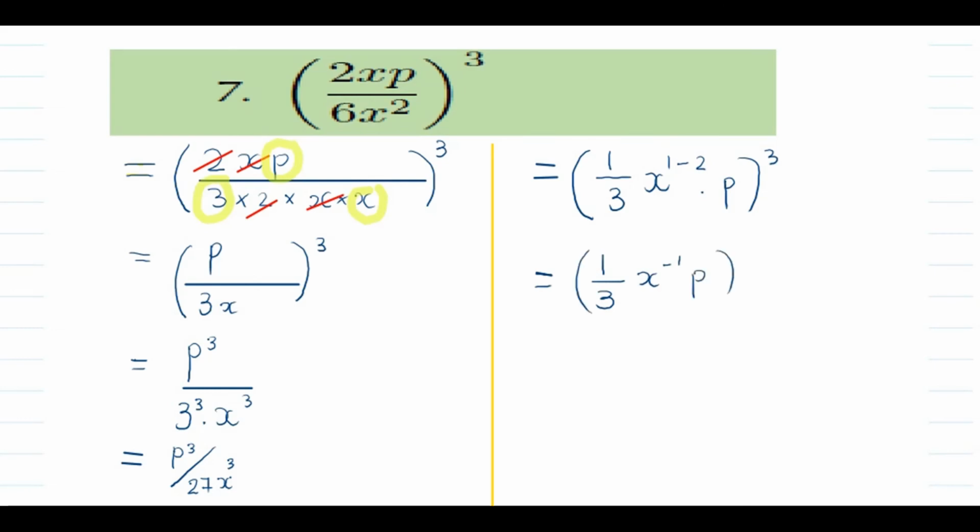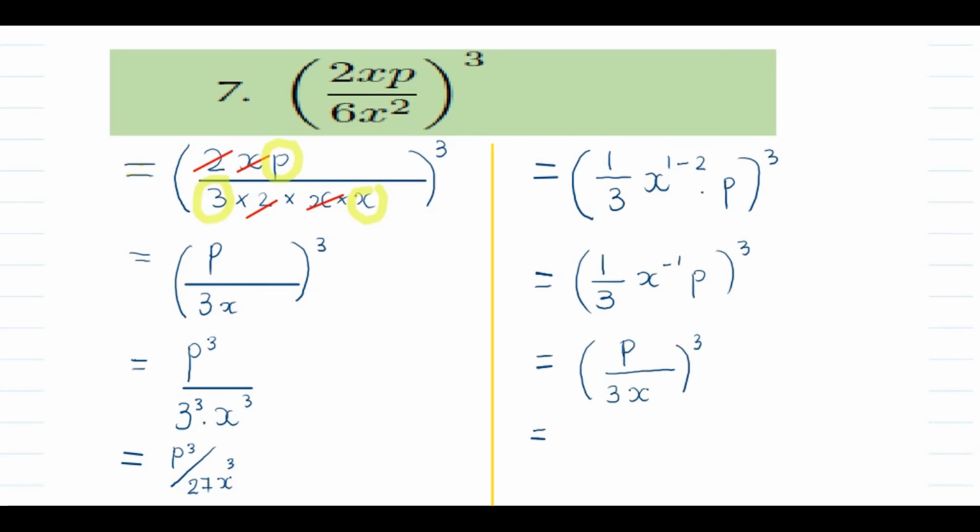of 3, okay? And then from here, we know that if you've got a negative exponent, you can simply move it to the denominator. So you can just be left with the p at the top, all over 3 times x to the power of 1, all over 3. And then you multiply this 3 inside like we did on that side.